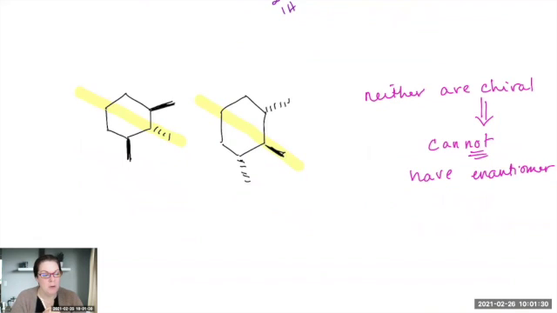Try flipping it over in your mind. If I flip that one over, anything that was pointing up, and let me use a different word because I don't want you to do a chair flip.